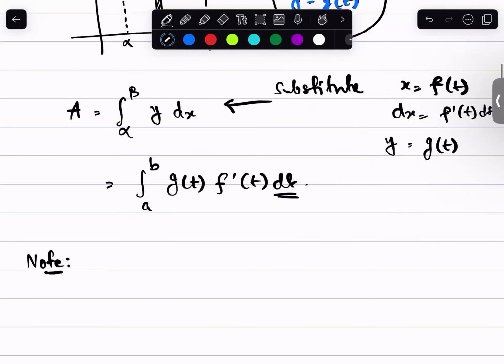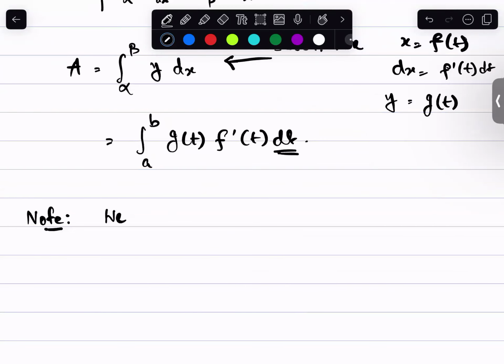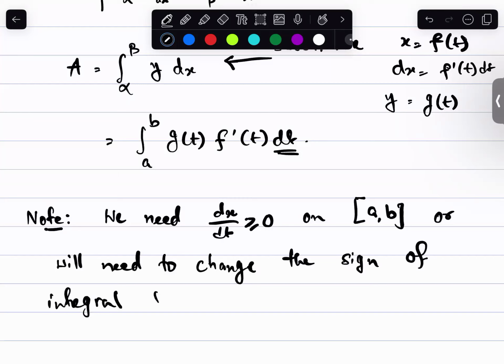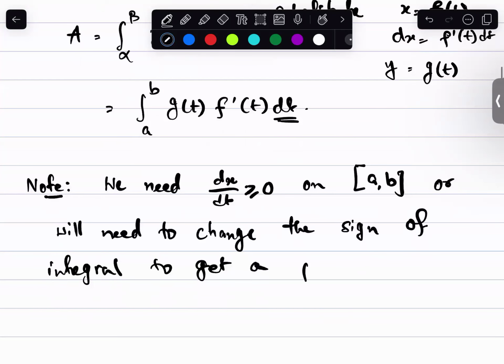Now one quick note is we need dx over dt to be greater than or equal to 0 on the interval [a, b], or we'll need to change the sign of the integral to get a positive area.